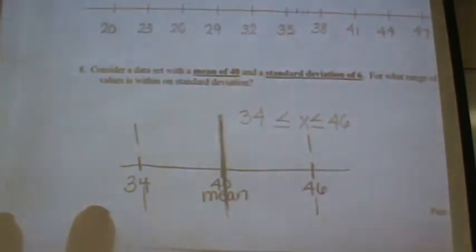So here's your mean. Your mean is right there in the middle. This is going to be one standard deviation below the mean, and from here to here is one standard deviation above. So this is within one standard deviation, between 34 and 46. What if I asked you 2 standard deviations?